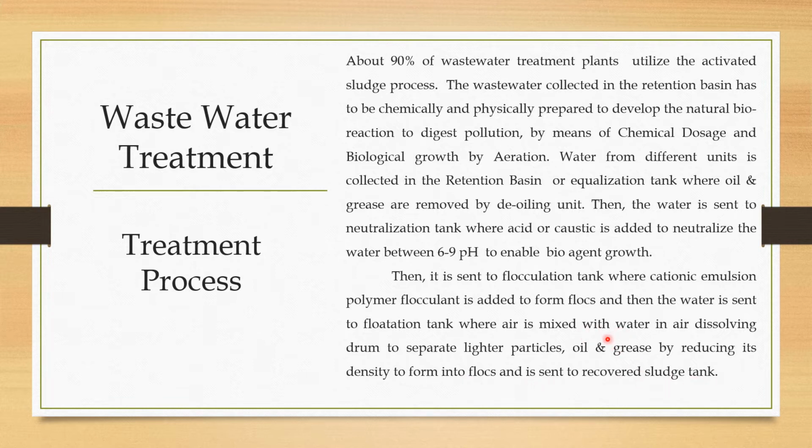When water is admitted in the air dissolving drum, pressure is increased by admitting air and it is discharged where the pressure gets reduced. So the lighter particles like oil and grease float on top of the water, which is sent to the recovered sludge tank.